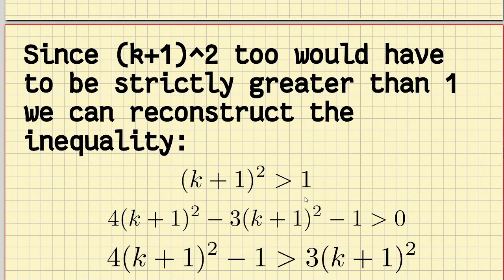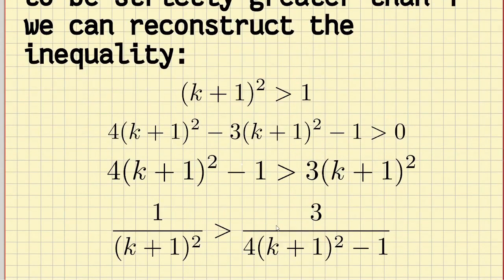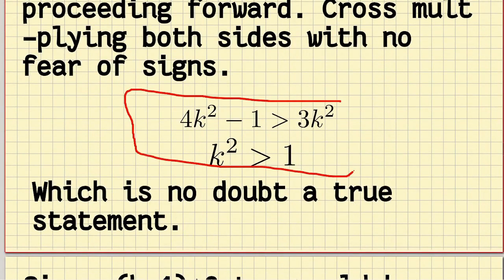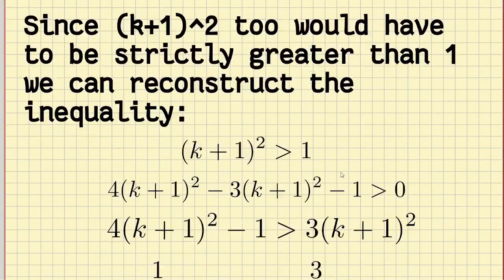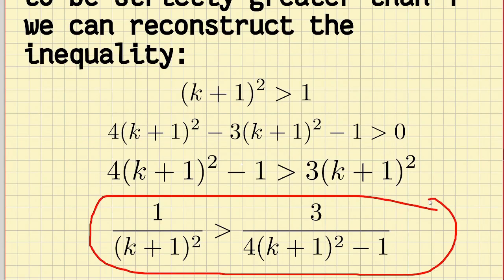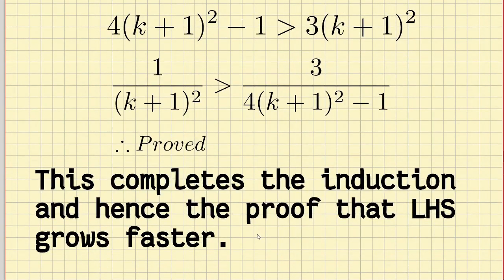And we write it, and then we move this term towards here, and after that we get this form. From this form, I have proved that the k plus 1 case will also be greater than this one. So this automatically means that the inequality is larger. This statement completes the induction, and hence proves that LHS grows faster.